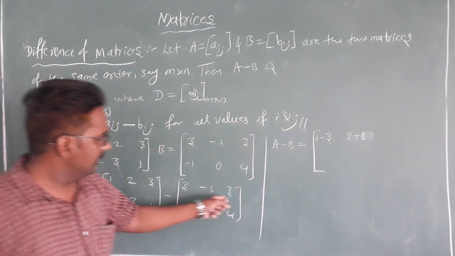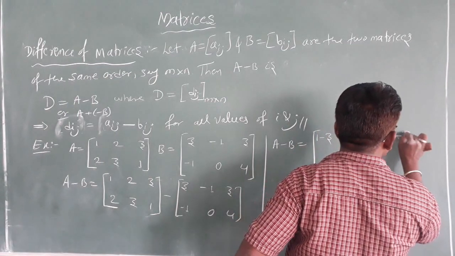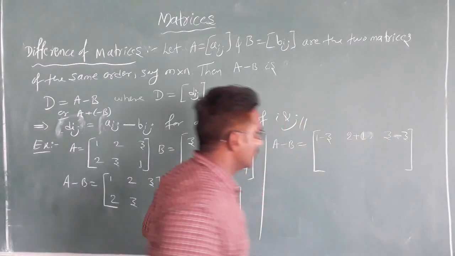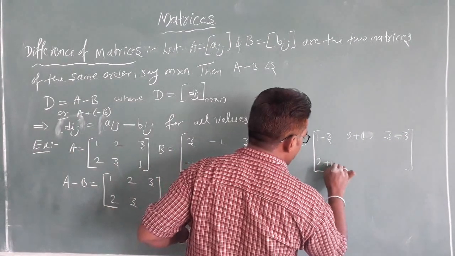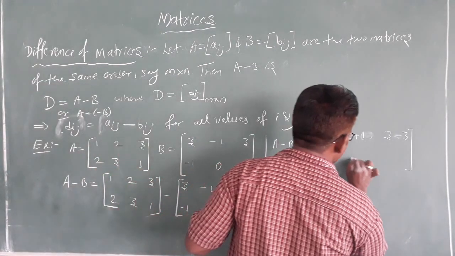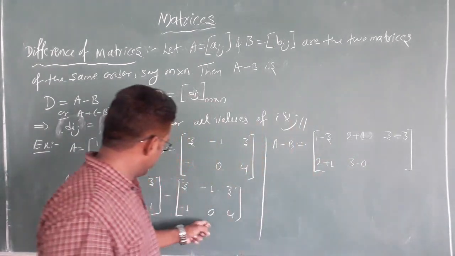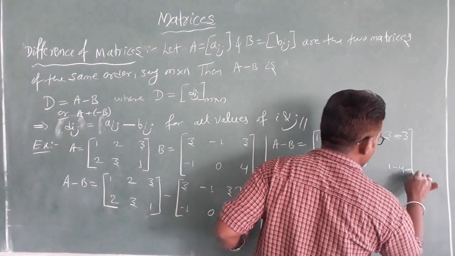Next 3 minus 3, first row third element. Next 2 minus of minus, means plus, 2 plus 1. Next 3 minus 0. Next 1 minus 4.